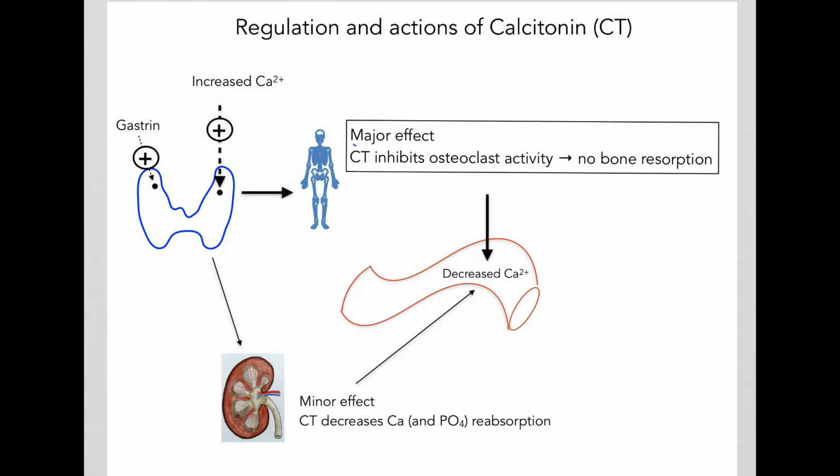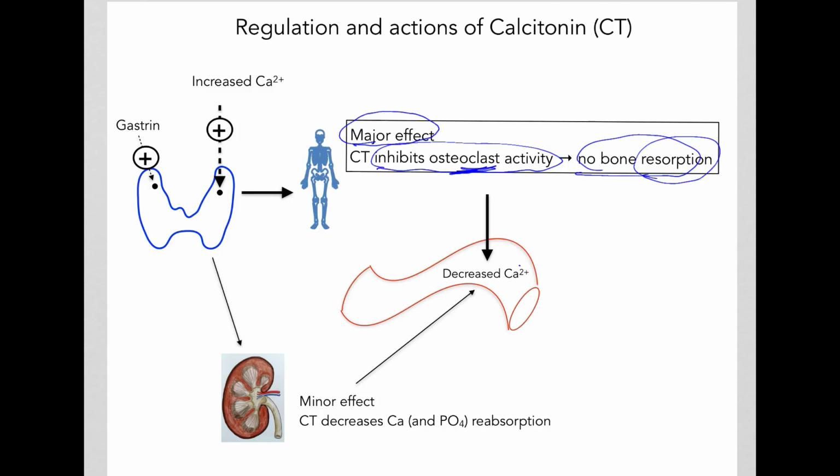The major effect of calcitonin is on the bone. Calcitonin inhibits osteoclast activity. Remember, osteoclasts are the cells that demineralize bone. So that means there is no bone demineralization or reduced bone demineralization, or basically resorption. That's another word for demineralization.